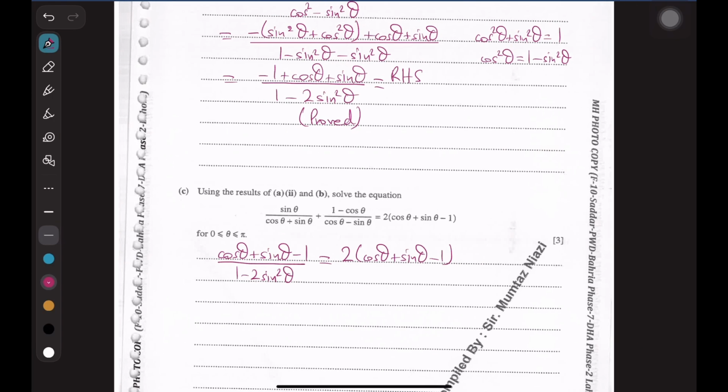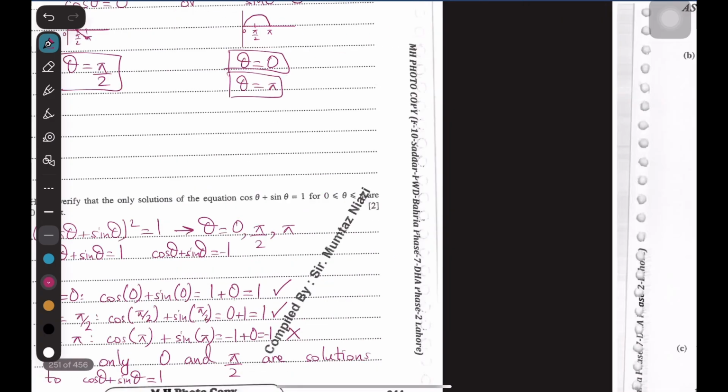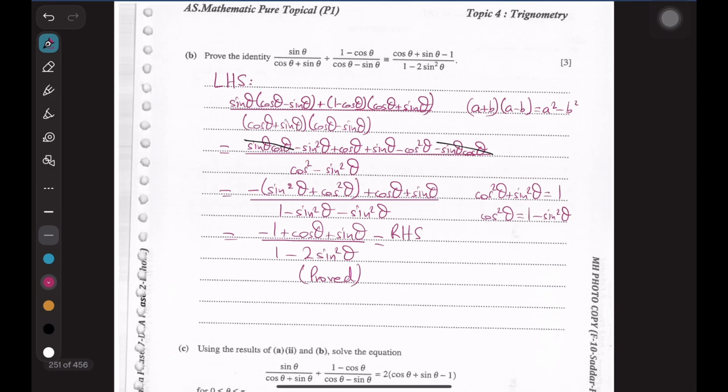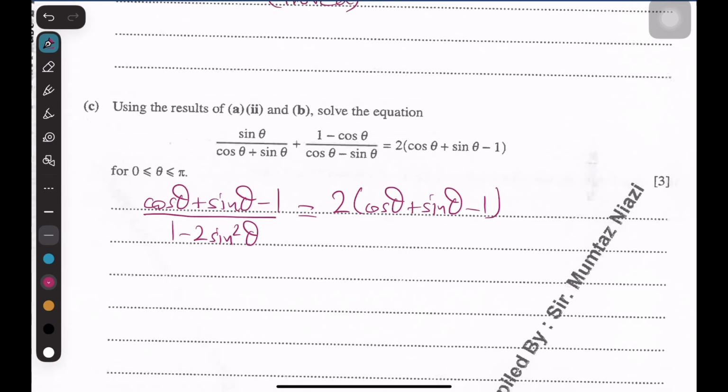So they're saying using the results of A2 and B. Can we simplify this? Okay, so we can simplify this as well. Will it be the right thing to do though?